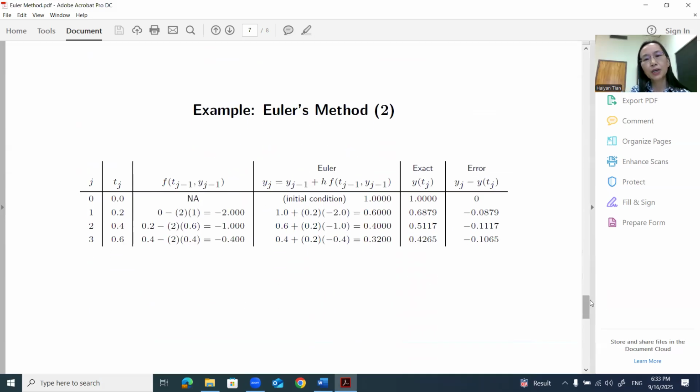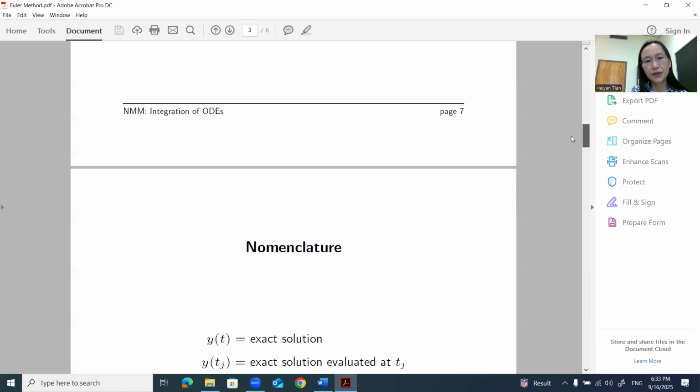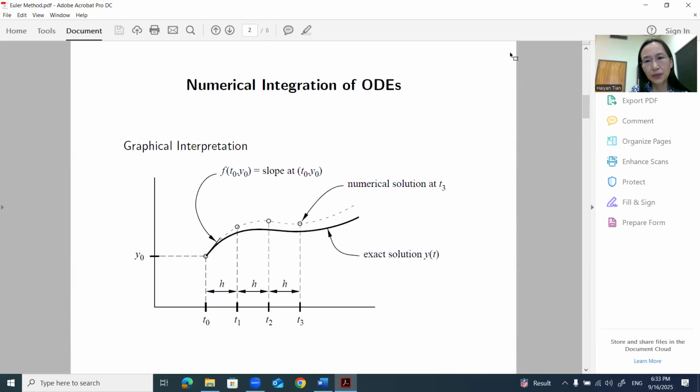But I want to add a remark. If you apply Euler's method, one thing to be aware of is that once you get this y1, it's approximate.